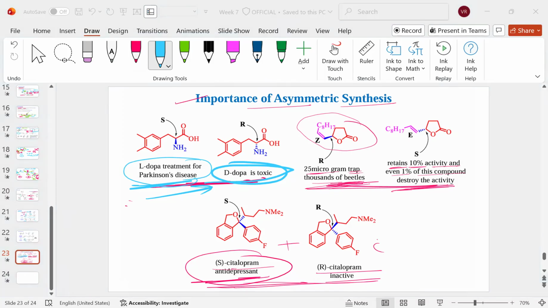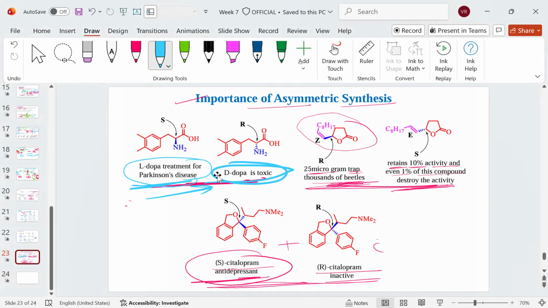There are more examples of approaches for these chiral centers. Maybe today we can stop here, and in the next video I will discuss that in more detail.